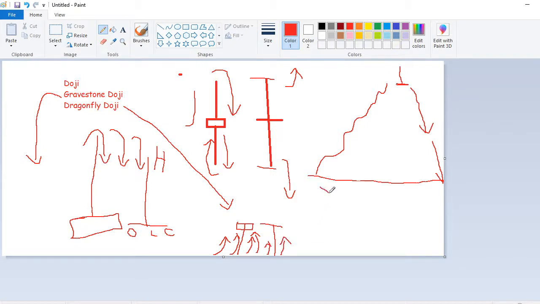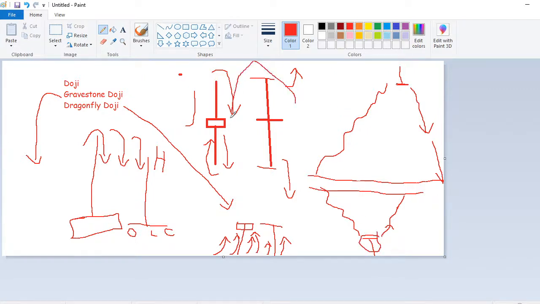So whenever you see a dragonfly doji in a downtrend, you can consider this as a reversal and the stock will start flying from here up to the same level from where it started falling. Okay, this is called dragonfly doji.